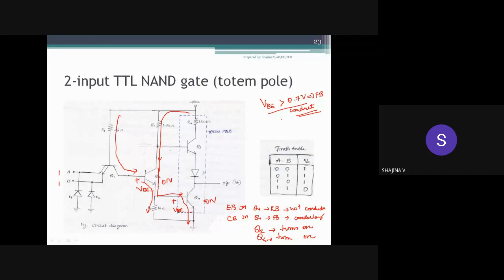So there will not be any current flow to the base of the transistor Q3. Complete current will pass through this because transistor Q2 is on. If Q2 were off, the current would have passed this way. Since Q2 is on, all the current will flow through this path, and the transistor Q3 will not get enough base voltage to turn on. So we can say transistor Q3 will be in off condition.